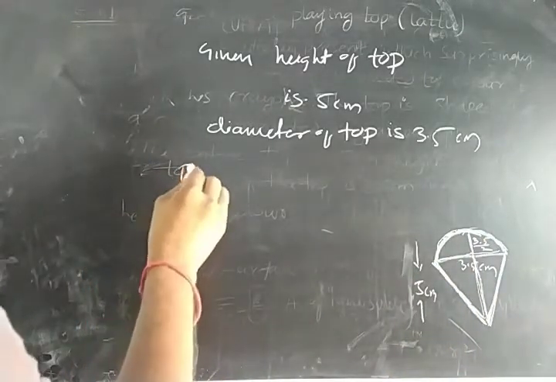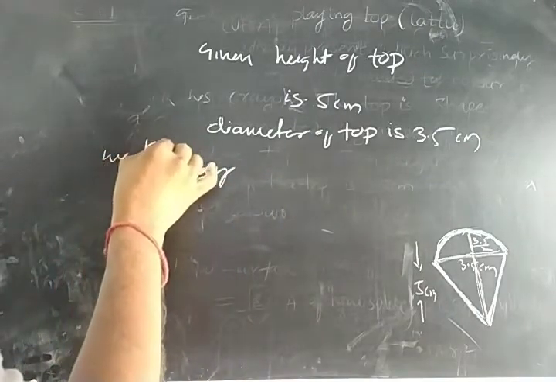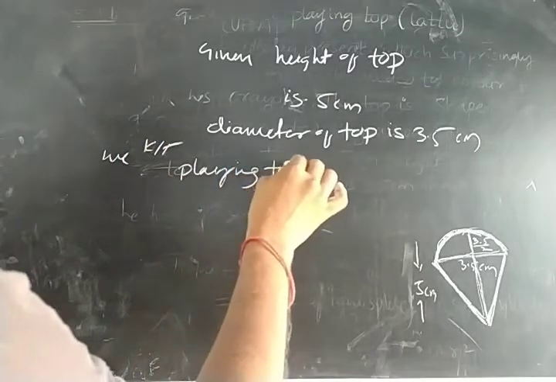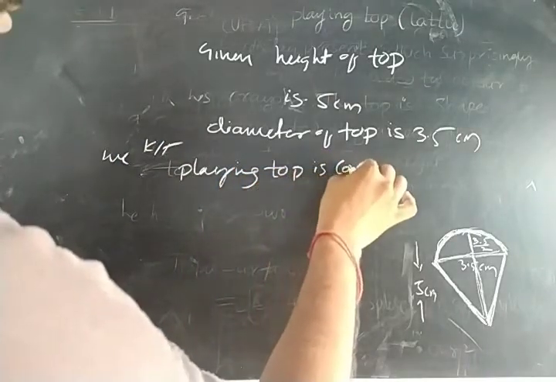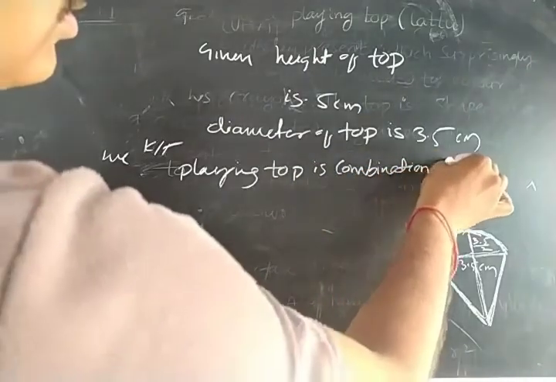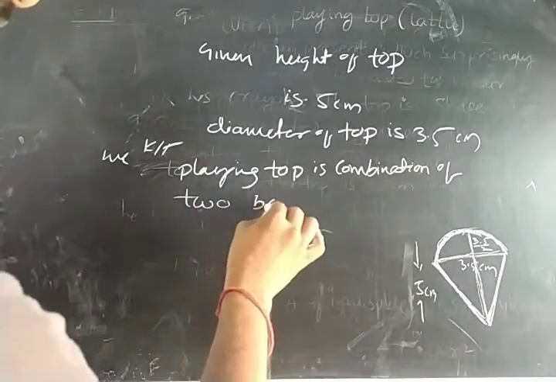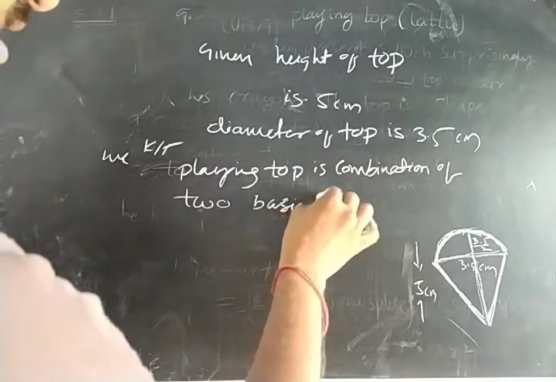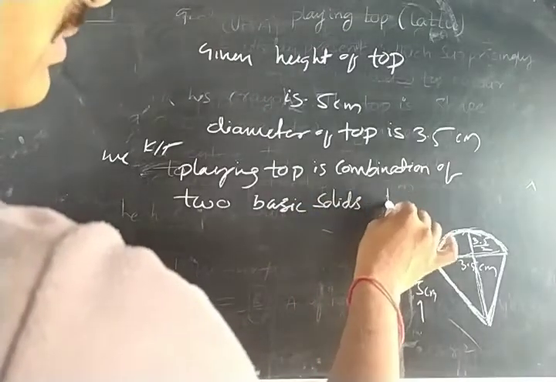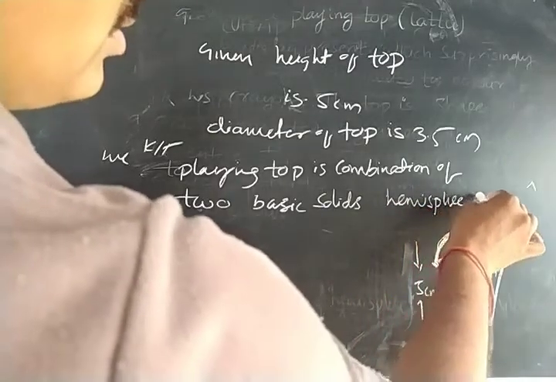We know that the playing top is a combination of two basic solids, hemisphere and cone.